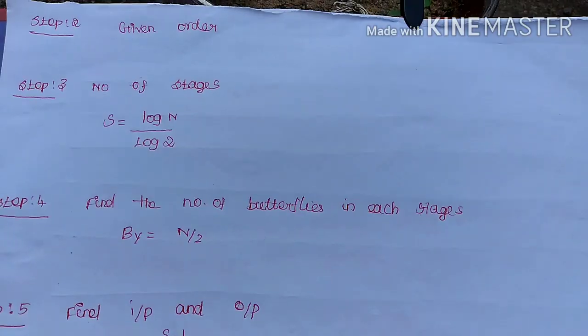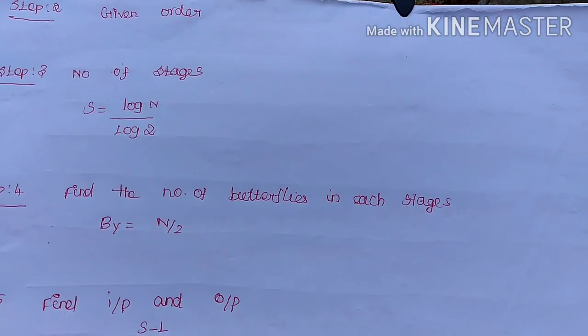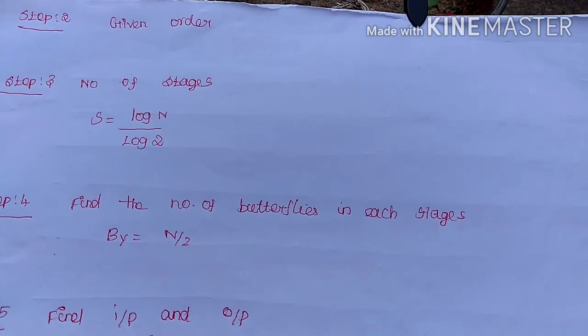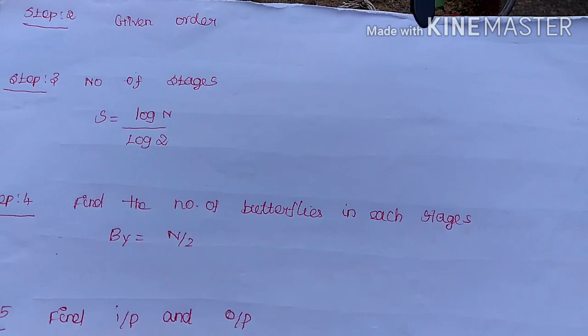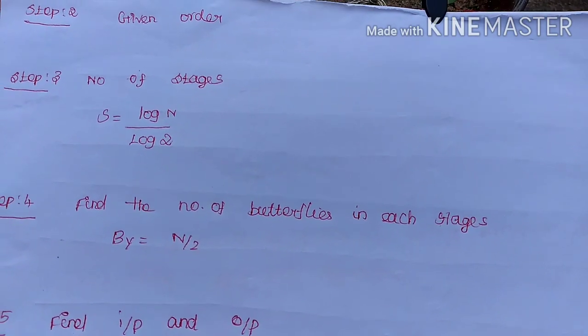Then step number 2. The step number 2 is to find the order. In the DIT problem we use one order that is called bit reversal order, but in the DIF problem we write the given order.